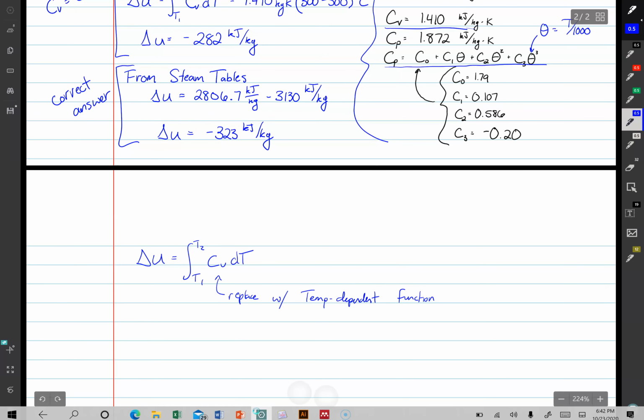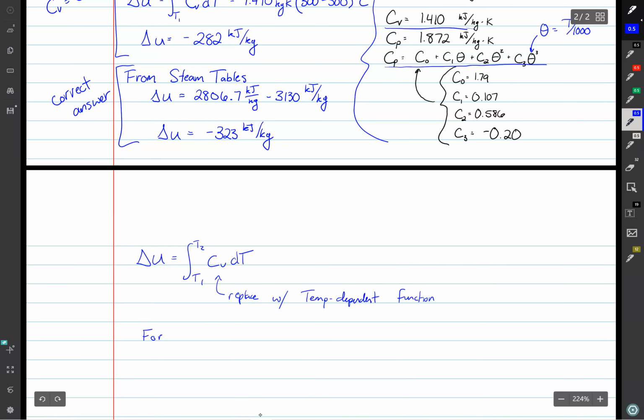For an ideal gas, remember, we can relate Cv and Cp with R, with the gas constant. So Cv equals Cp minus R. So we have a table with a bunch of Cp values. We can very easily get the Cv values by just subtracting R.